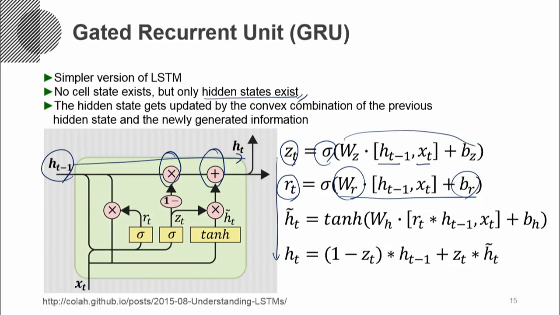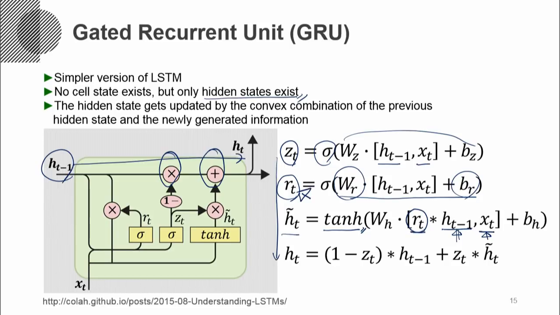Then HT tilde can be considered as the new additional information that we want to add from the current time step. It has this tanh layer to generate a meaningful signal ranging from -1 to 1. Inside of it, it takes the current input vector at the current time step, and the previous hidden state vector is first filtered by our reset gate.